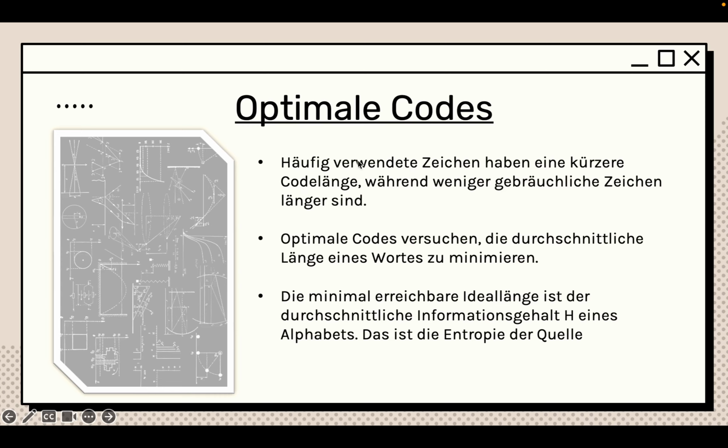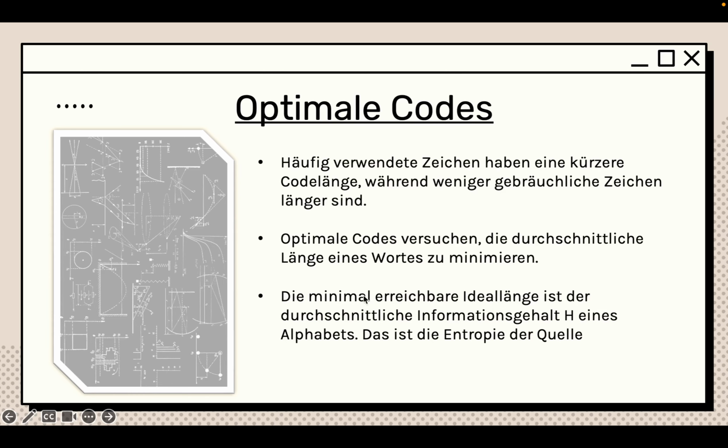Optimale Codes here are mostly used so that, as we already said before, Zeichen that are used a lot have shorter code lengths, while less used Zeichen are longer. So optimal codes try to take the average length of a word and minimize it.